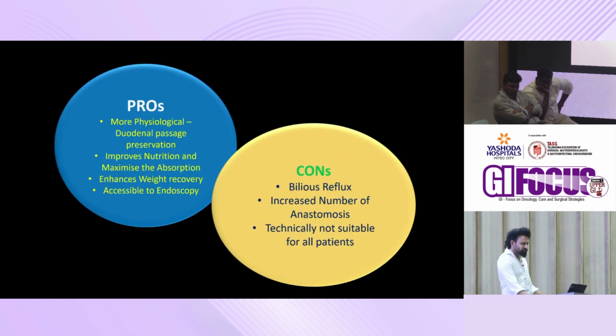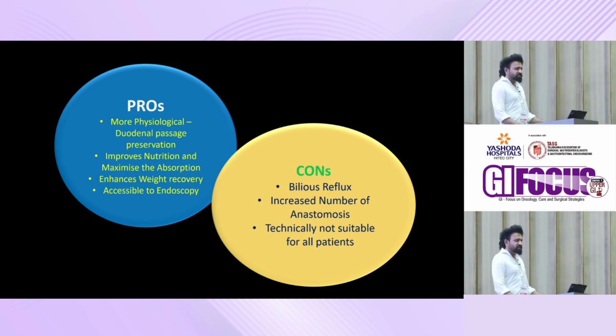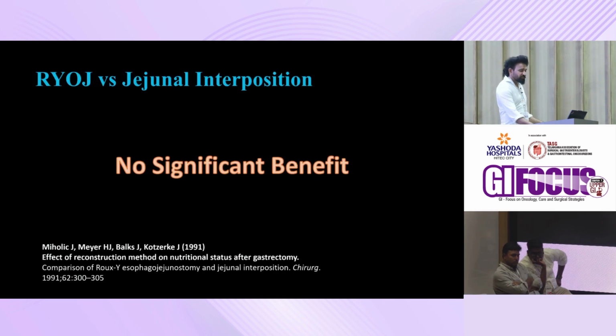With this, it is more physiological with duodenal passage preservation, you will have a good nutritional improvement and absorption, and the weight recovery will be good, and if you have polyps, you have access to the duodenum. But it will carry bile reflux and an increased number of anastomoses, and if the patient is obese and there is a short mesentery, technically it may not be feasible.